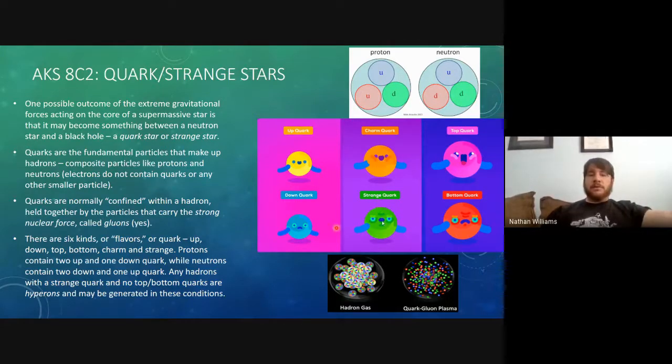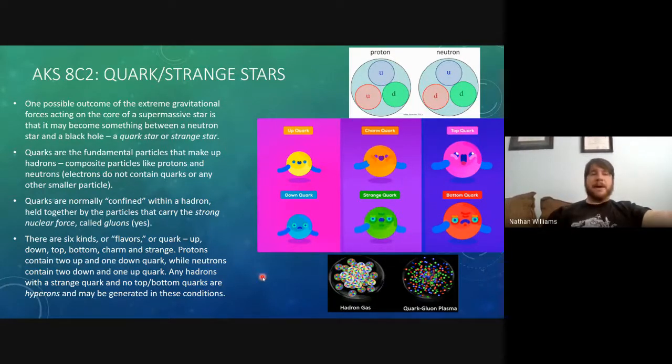And strange quarks are going to be the important ones here because they can potentially be formed when you have a bunch of deconfined up and down quarks moving around together. If there's enough pressure to fuse an up and a down quark, they can convert back, kind of an anti-decay, into a strange quark.